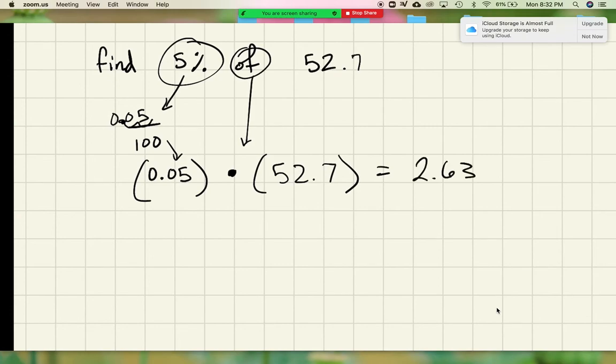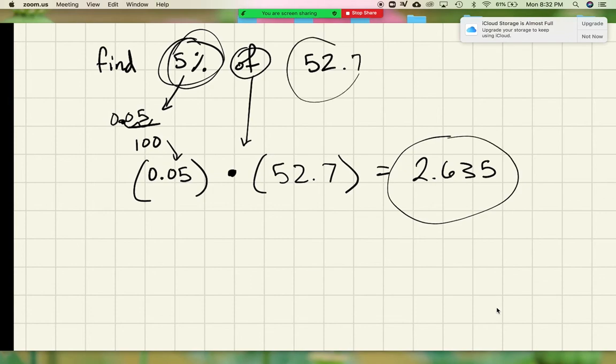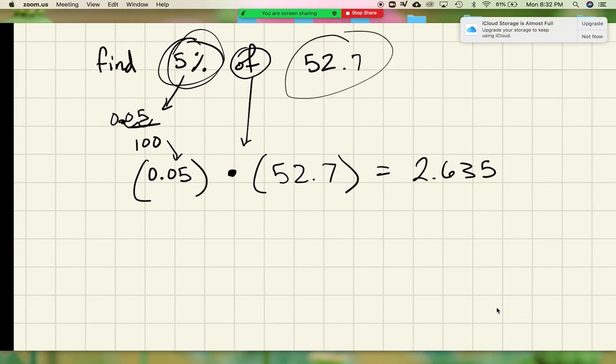So 5% of 52.7 is this much. Like, if you were taking a test worth 52.7 points, but you only got 5% of them right, that means you only got about 2.6 points on that whole test.